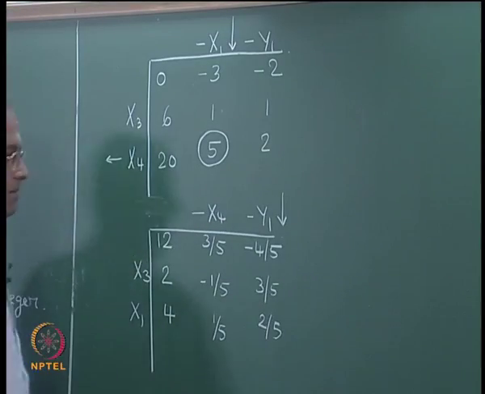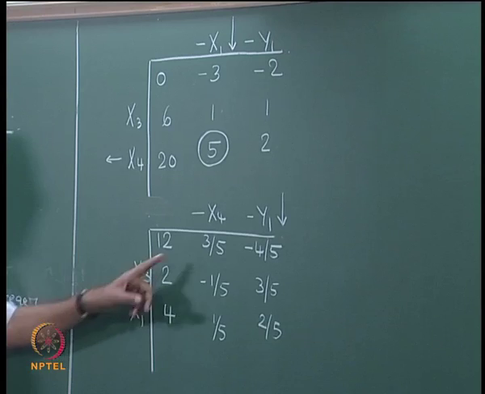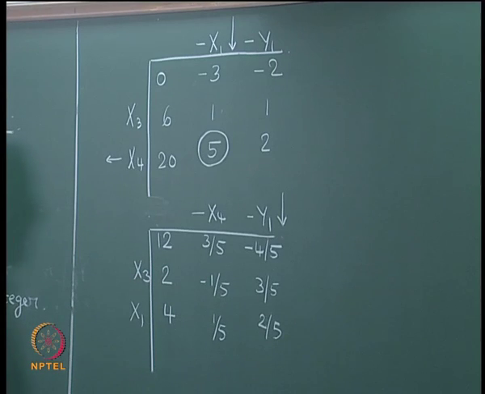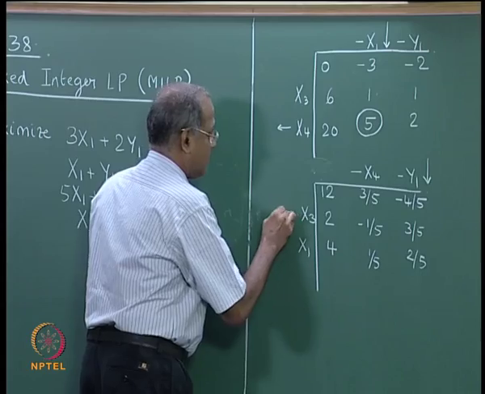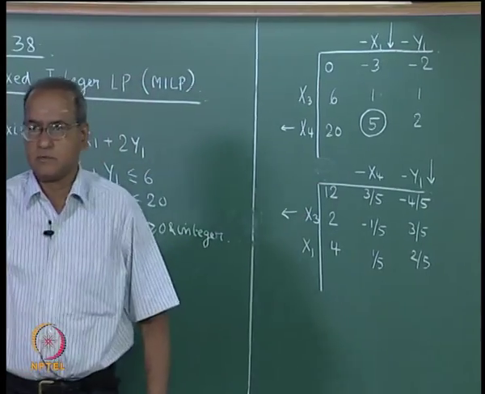Now to find out the minimum ratio, 2 divided by 3 by 5 is 10 by 3, 4 divided by 2 by 5 is 10, so x3 will go, y1 will enter.